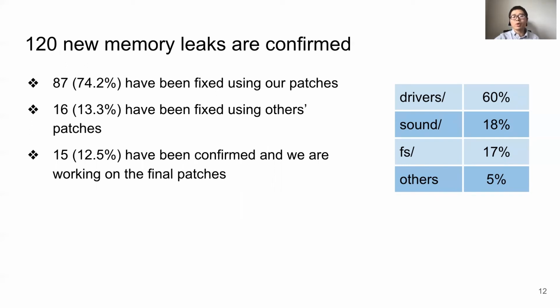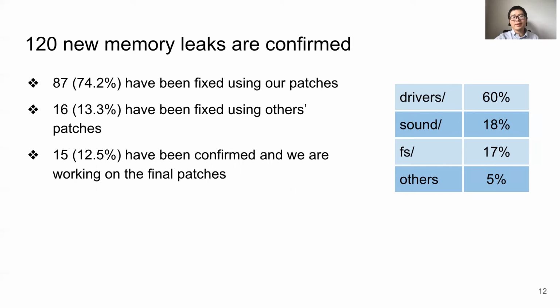The reason we have more memory leaks than early exit branches is because one early exit branch may have multiple missed deallocations. Among the confirmed bugs, 103 bugs have been fixed using either our patch or other patches. This shows the capability of MLEE to find memory leaks in real-world operating system kernels.